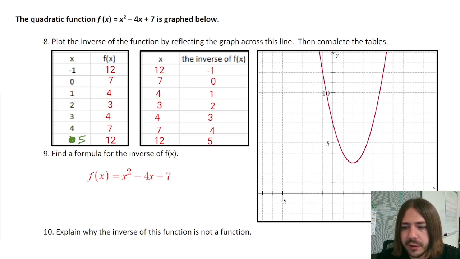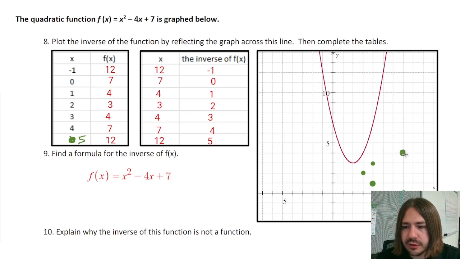No, so let's just skip that one. 7 comma 0. 4 comma 1. 3 comma 2. 4 comma 3. So we're backing over here. And 5 comma, oh wait, no, I skipped one. 7 comma 4. We're up here.